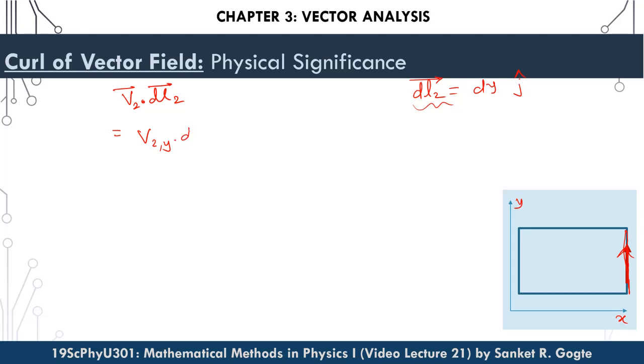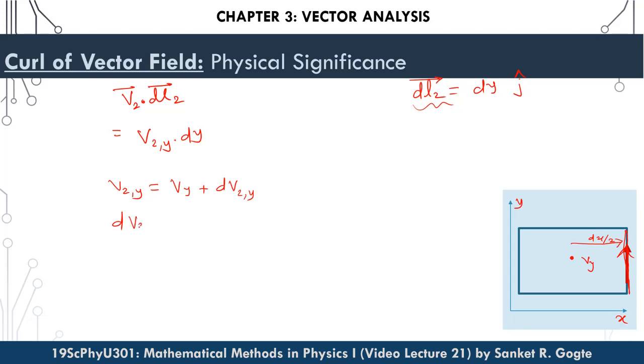times dy. Now what we know is y component of the vector is vy at the center of the rectangle, and therefore v2y can be obtained by considering vy, which is y component at the center, plus dv2y, which is the change that occurs in the y component of the vector when we move along positive x-axis by a length of dx by 2.